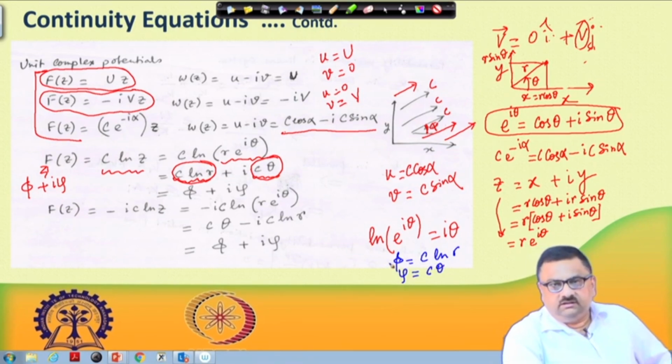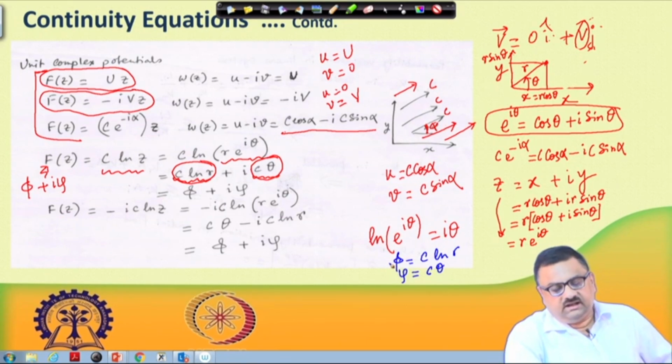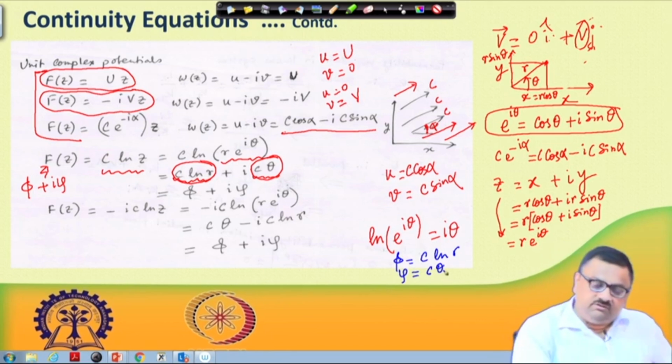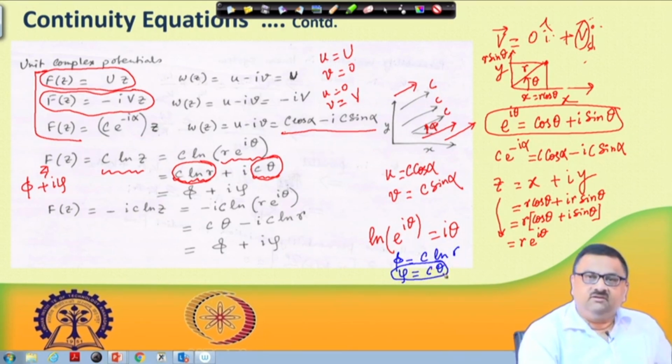So, what is potential function, or what are potential lines? Potential lines are the lines along which potential function is constant, and streamlines are the lines along which stream function is constant. So, I am looking at lines along which stream function is constant, or in other words, lines along which C theta is constant.